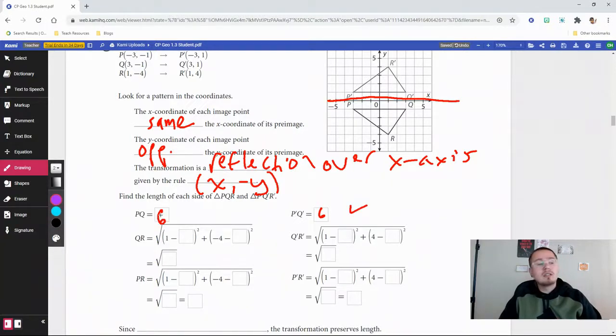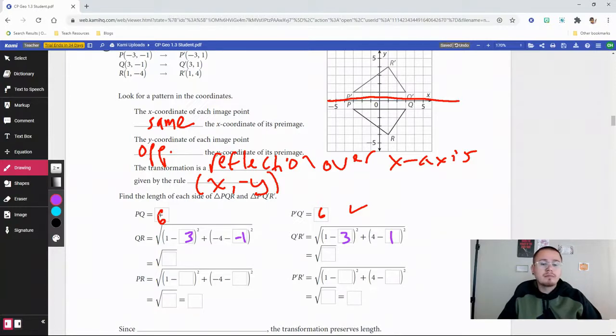Switch colors. QR. Well, we need to find out the coordinates. So QR, we had 1 and we got 3, and we got -4 and we got -1. Over here we got 3 and 1. You should do the math.